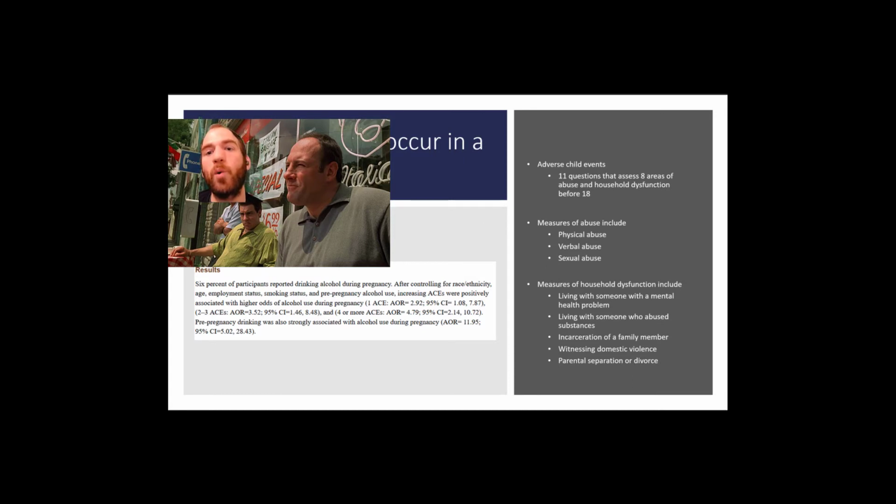So one way to quantify this is adverse childhood experiences. Eleven questions that assess eight areas of abuse and household dysfunction before 18. I've personally done a ton of research with ACEs, as they're typically referred to. You can find a million studies on ACEs. If you Google ACEs plus whatever you're interested in, depression, high school outcomes, eating disorders, etc., there's a million studies on this.